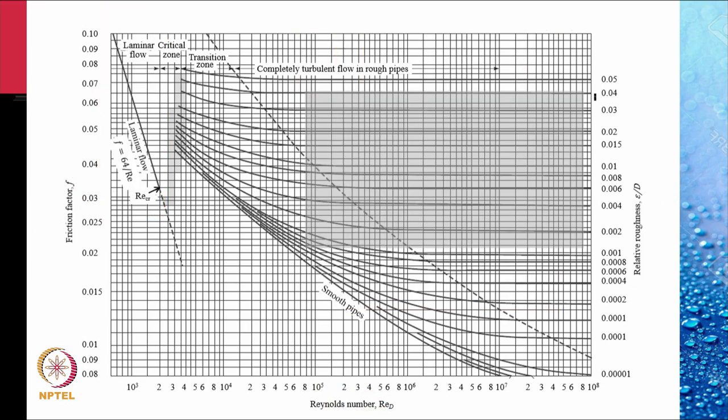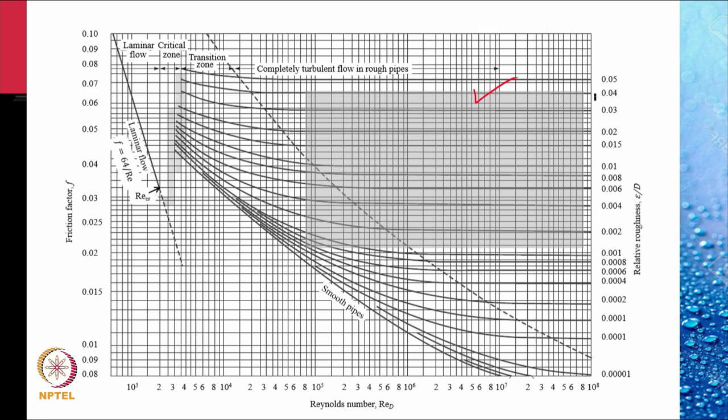In the other limit, for larger Reynolds number, in this gray area, the friction factor seems to be independent of the Reynolds number and just a function of epsilon by d, the relative roughness parameter.